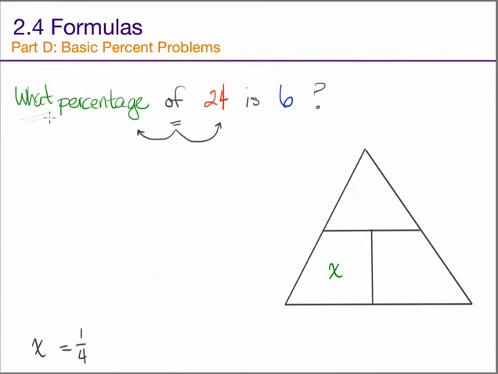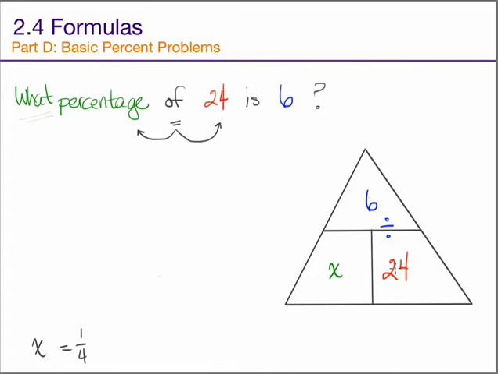With the question word what there, that clearly indicates that this is the unknown piece. On the other side of the word of is the number 24. So that goes there. The only thing left is the 6. So that goes here. With a number over a number, this is division.